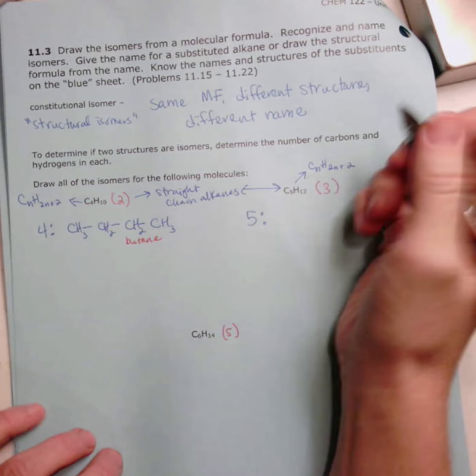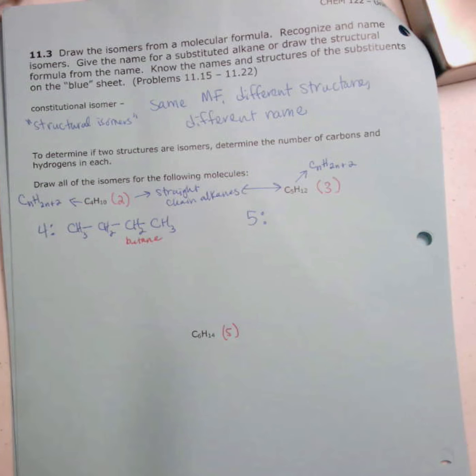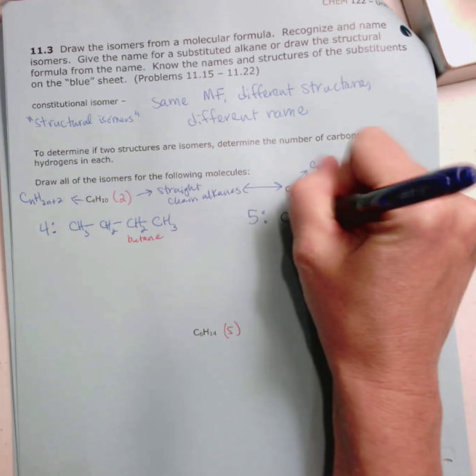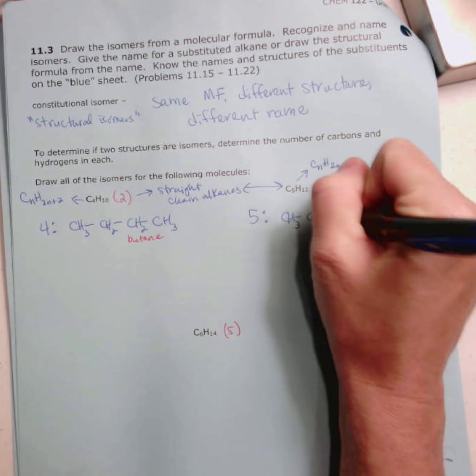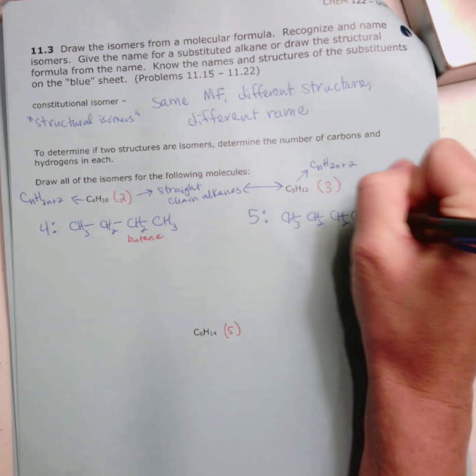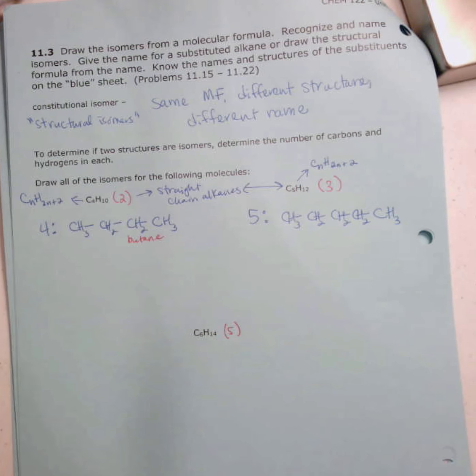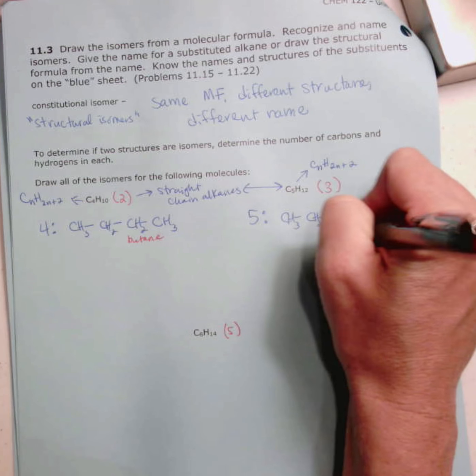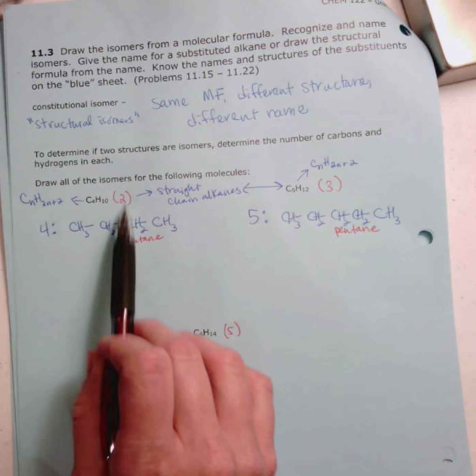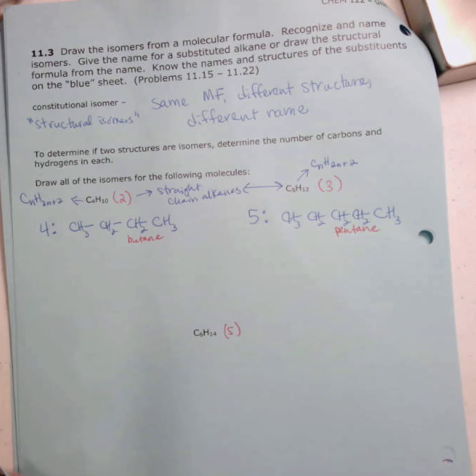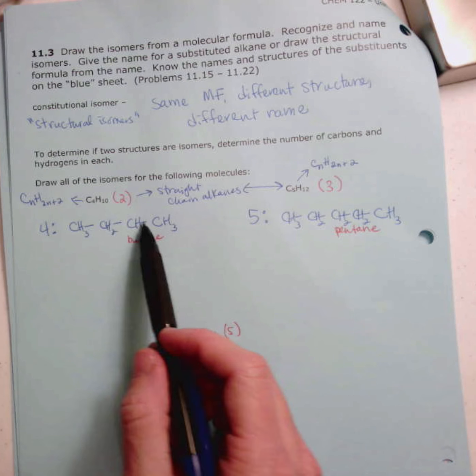All right, so a straight chain of C5 would just be 5 carbons in a row, CH3, CH2, CH2, CH2, CH3. This is pentane. Okay. So for butane, I need 2 isomers. I've got 1 isomer and it adheres to this formula, so I don't think I'm going to be able to rearrange it any other way.